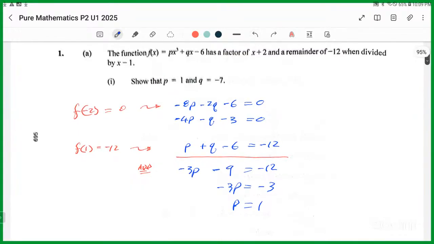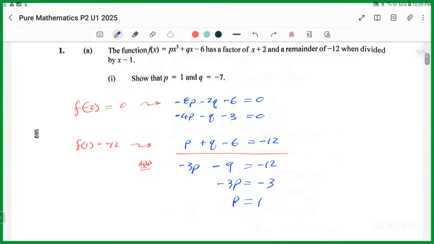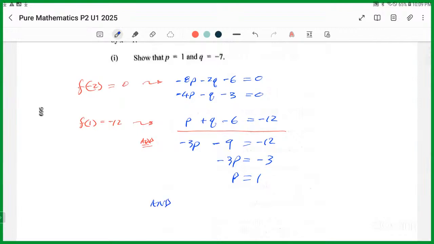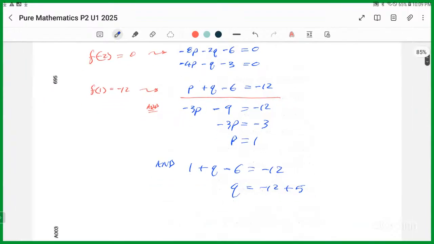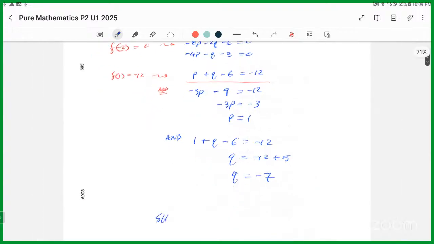Then to find q, take this one and substitute it here: 1 plus q minus 6 is equal to -12. So 1 minus 6 is -5, q equals -12 plus 5, so q equals -7. Therefore shown: p equals 1, q equals -7.